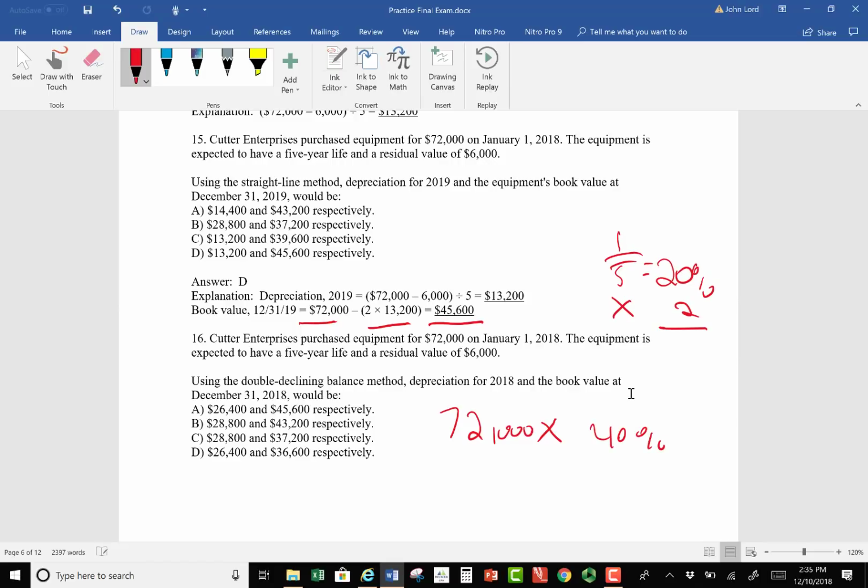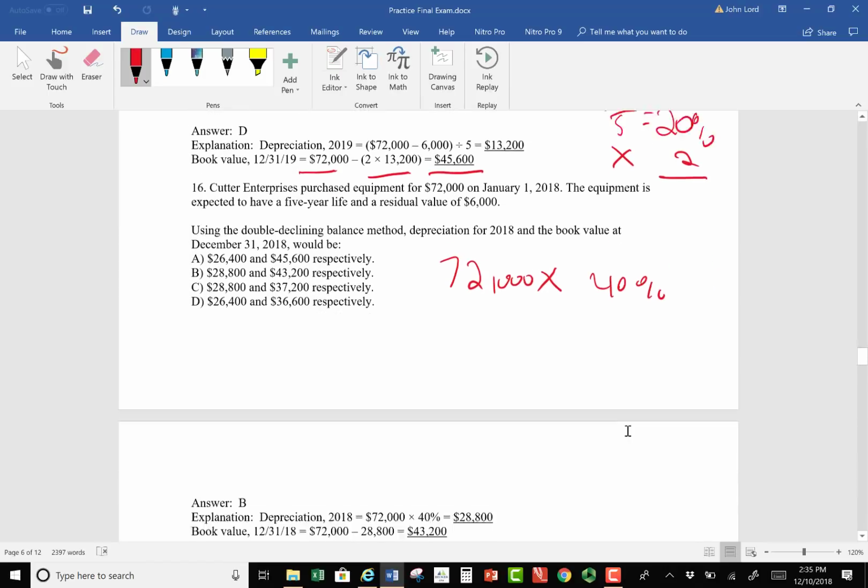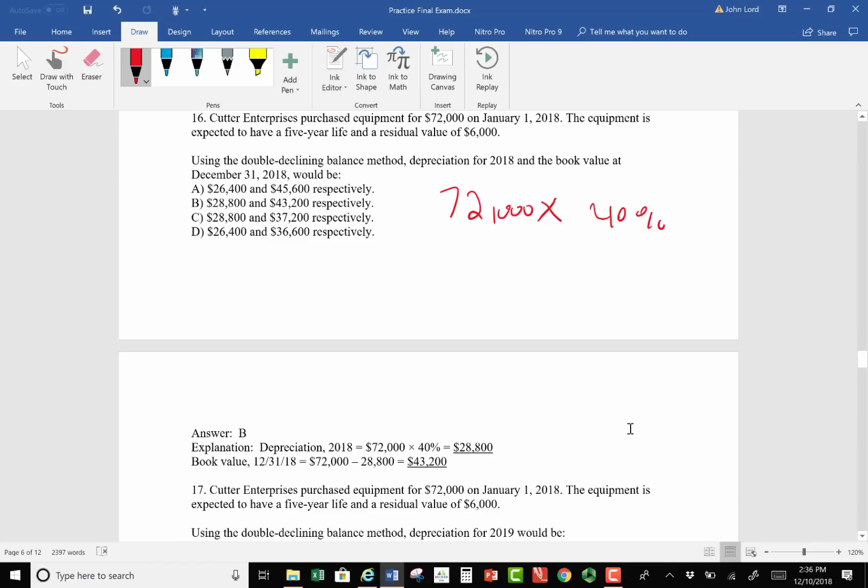Now look, guys, is it always 40%? It is not always 40%. I had a student make that mistake. So 28.8 is the depreciation for year 1, 2018. Minus the depreciation for year 1 gives me a book value at the end of year 1 of 43,200.